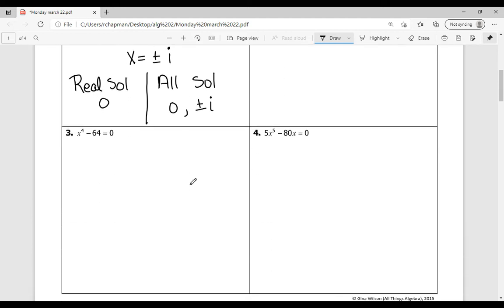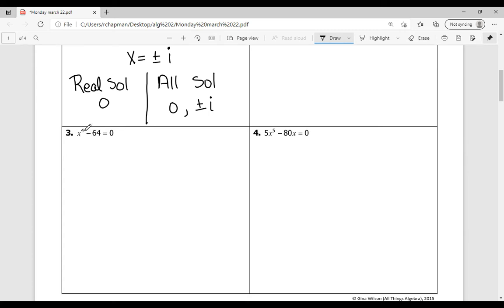Now, number 3, it's a higher order polynomial because of the x to the 4th power. All right. This is actually a difference of squares. In order to be a difference of squares, it has to be 2 terms. We've got x to the 4th minus 64. There is no common factor, so we checked that. It's set equal to 0. So I've got a perfect square here.